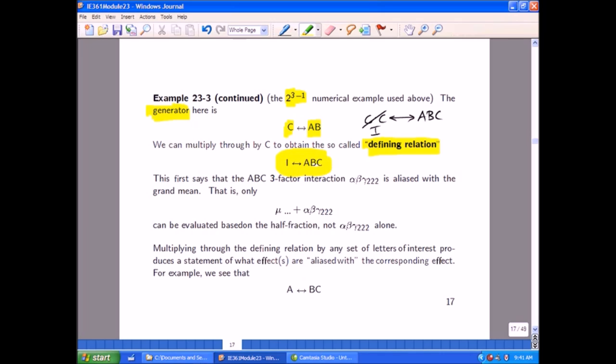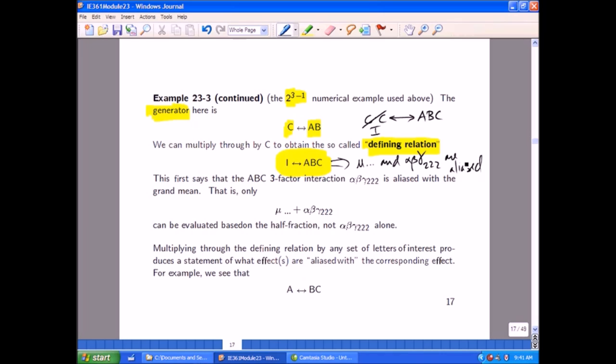So there is the so-called defining relation, and the first thing that it says is that the grand mean, if you will, mu dot dot dot, and the three-factor interaction are quote-unquote aliased.